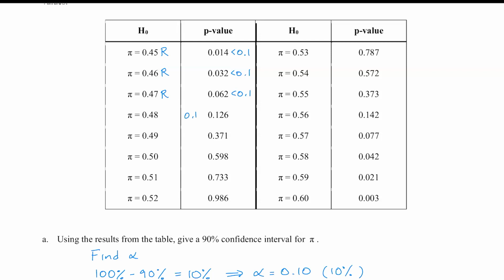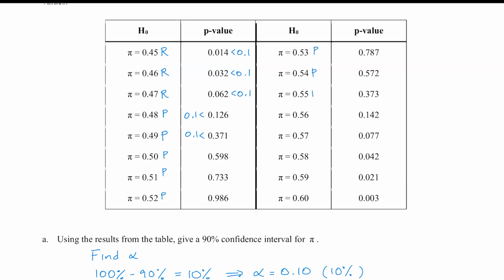It's not a plausible value for pi. 0.062 is less than 0.1, so I'm going to reject 0.47 as not being plausible. But 0.126 is bigger than 0.1. This 0.48 then is a plausible value for pi. 0.376 is bigger than 0.1, so 0.49 is a plausible value for pi.